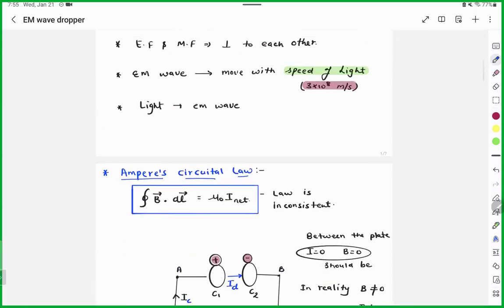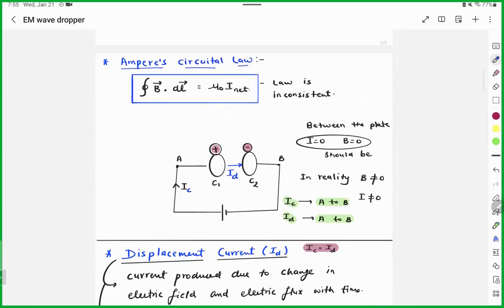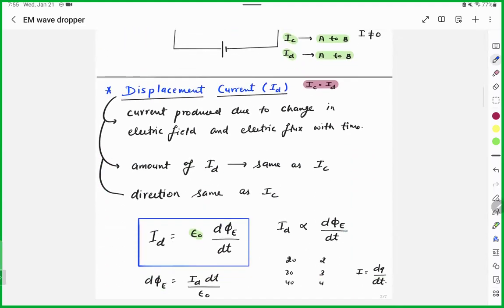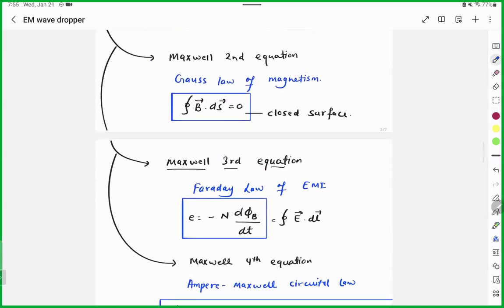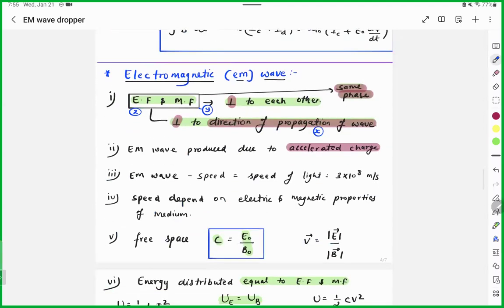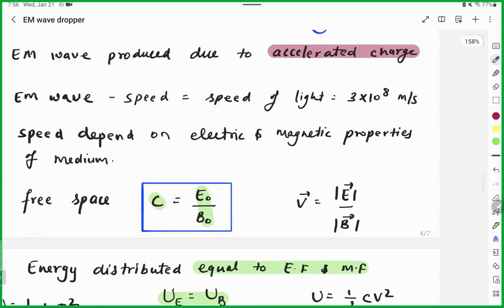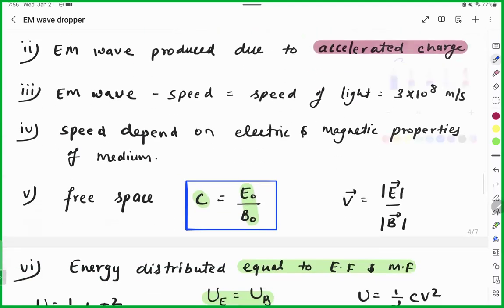I guess I wrote this for a given medium. If you want to calculate velocity for a given medium other than free space, then it will be E by B. In free space, it will be C. Now, in this question, we are calculating for a given medium.